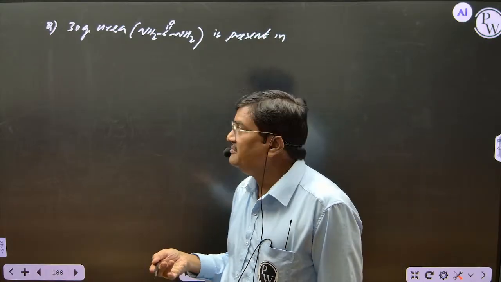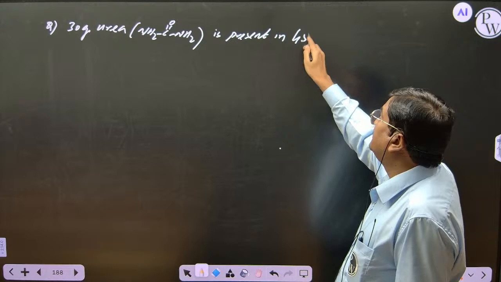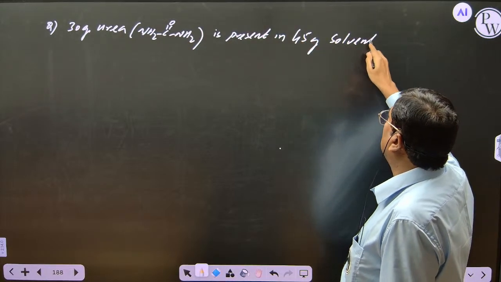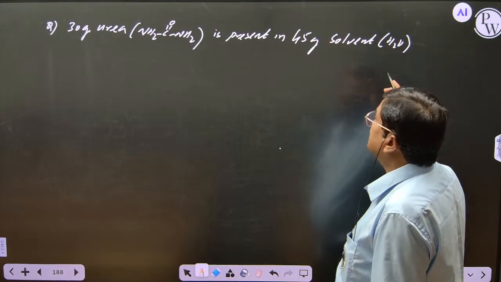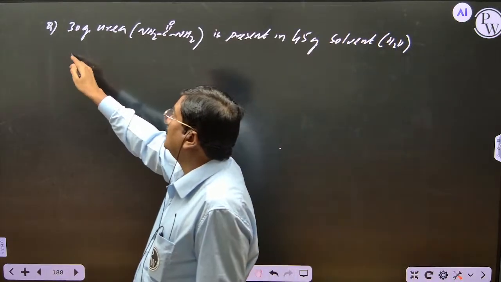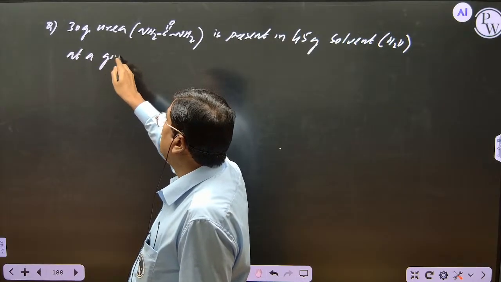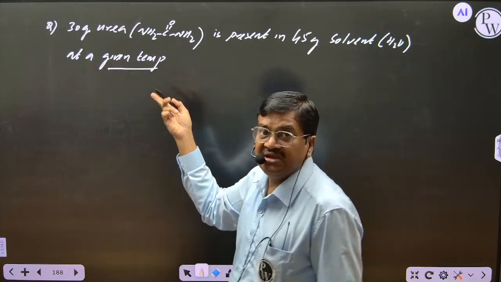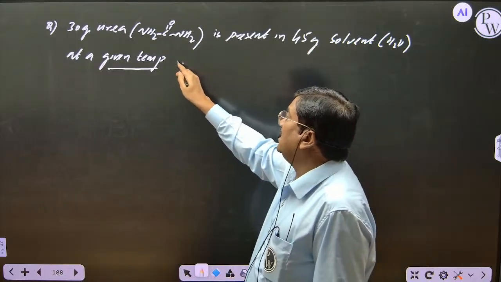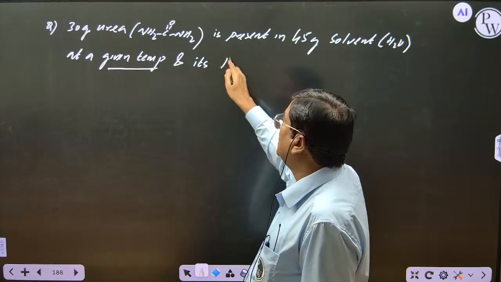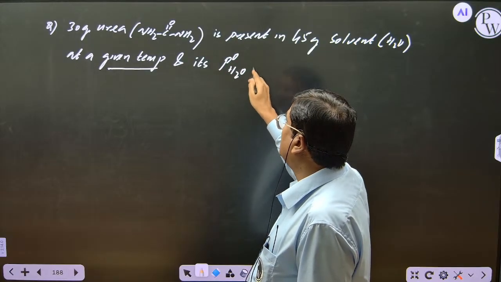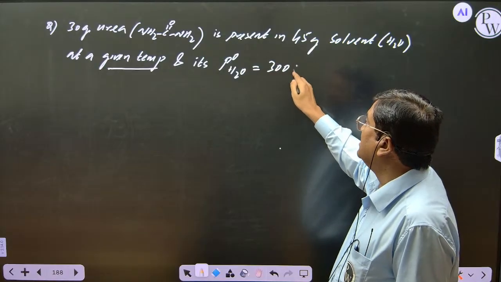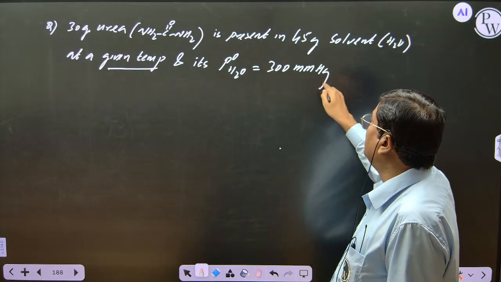So water is the solvent, at a given temperature. At a particular temperature, this is what we dissolve. And its P naught, the vapor pressure of pure solvent water, is 300 mmHg. What is millimeter of Hg?